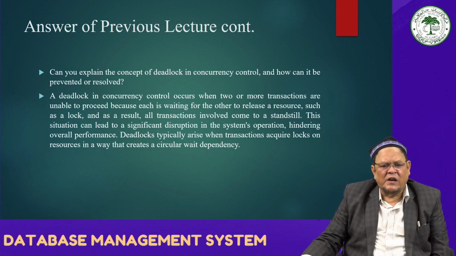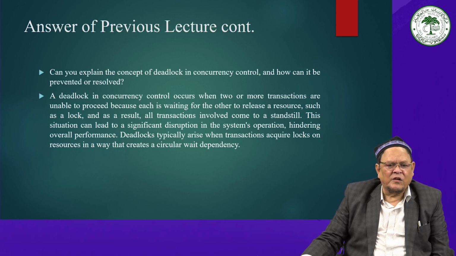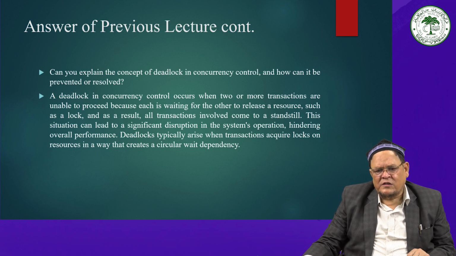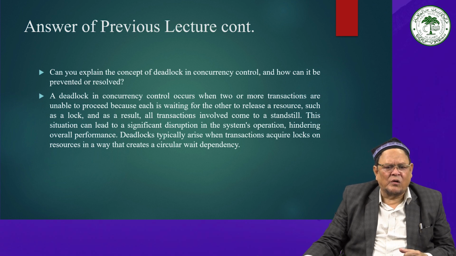This situation can lead to significant disruption in system operation, hindering overall performance. Deadlocks typically arise when transactions acquire locks on resources in a way that creates a circular wait dependency.